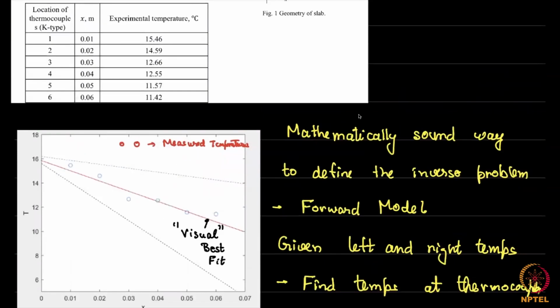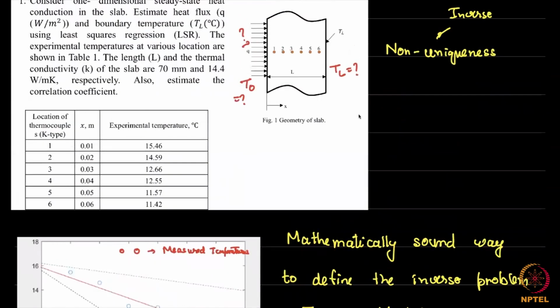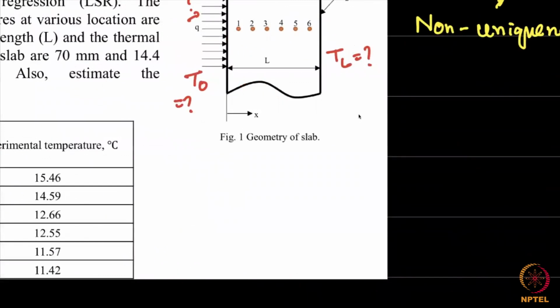As I discussed in the previous video too, suppose I give you T0 and TL. Can you find out T1, T2, T3, T4, T5, T6? Which we can, and we already saw that the forward model looks like T equal to some function of X, which is linear. The explanation was there in the previous week.